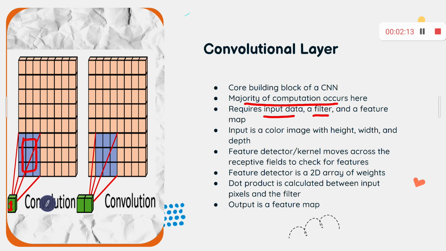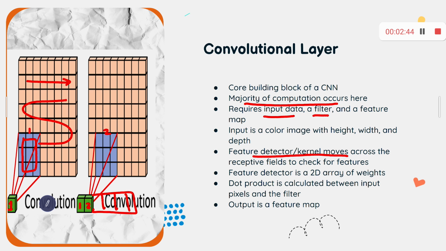See, this feature kernel moves across the receptive field to check the feature, which means it slowly takes the next position. This is the first position, this is the second position, which will give you the second feature from this area. Like that it will sweep the image and finally collect the output array.